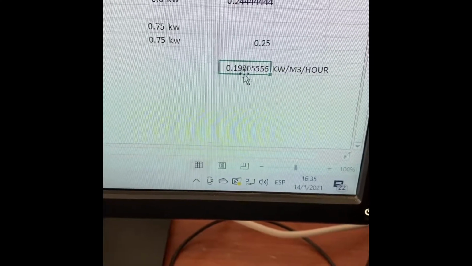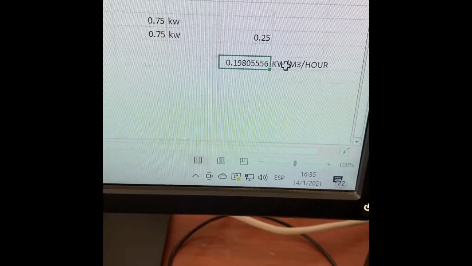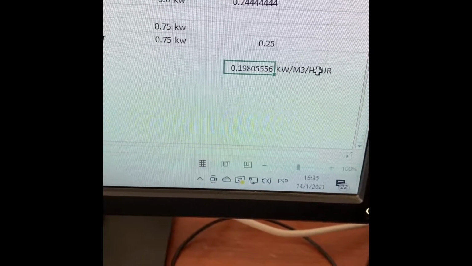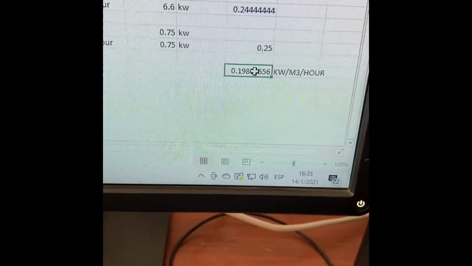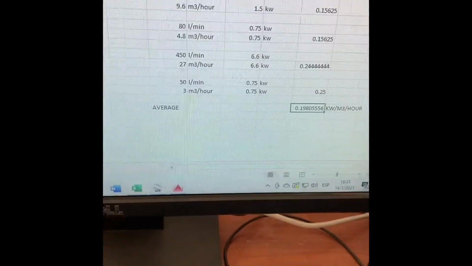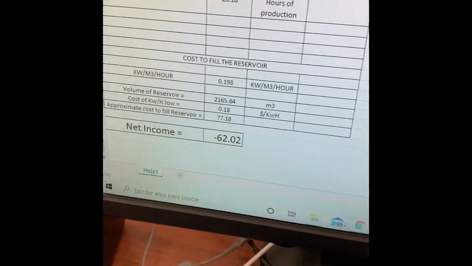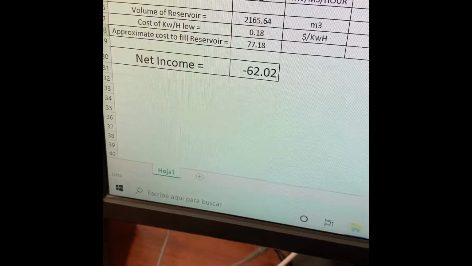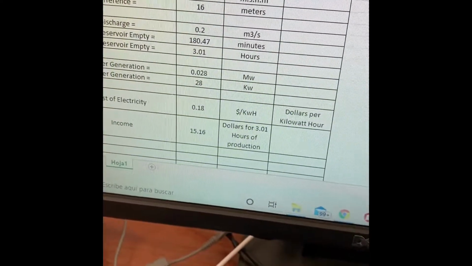So this amount of energy that I need, 0.19 kilowatts, to put 1 cubic meter of water upstream in 1 hour, is the value that I got from making an average from 5 different pumps. I took 2 American pumps, 2 Chinese pumps, and 1 from Latin America, but all of them are kind of the same. So I put this average, and I put the volume of the reservoir that is the same as here.